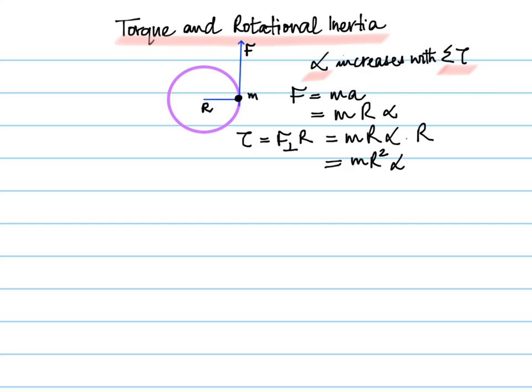Compare that with this now. Tau is I alpha. So what is I? m r squared. So rotational inertia does not depend just on mass. It also depends on the square of the distance from the axis of rotation. Just trying to tell you how we get that.